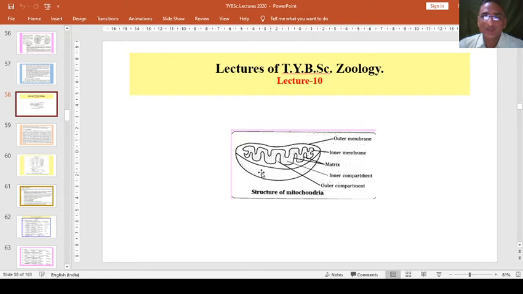It has an outer membrane, an inner membrane, then the matrix in which the cristae are there, or we can say the working unit in the mitochondria.